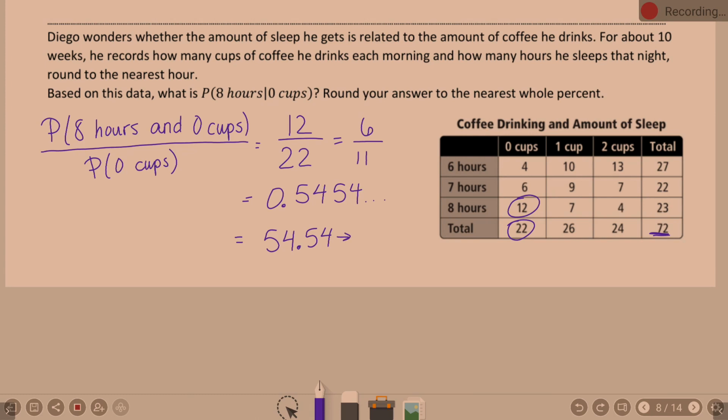In this particular problem, we want to say 55% if it's rounded to the nearest whole percent. Okay. Again, it's probability, isn't it?